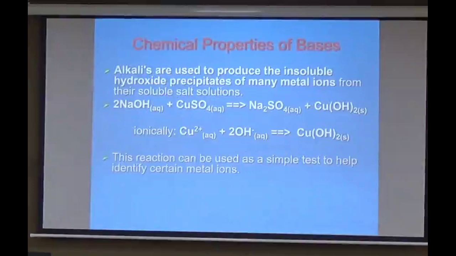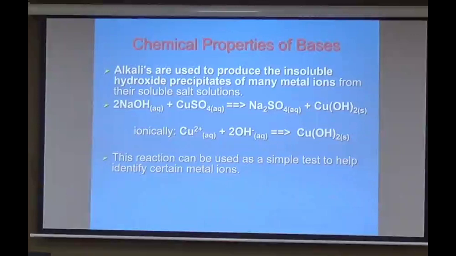Now, further chemical properties of bases. Alkalis are used to produce insoluble hydroxides, and since these hydroxides are insoluble, we call them precipitates. In the reaction shown here, sodium hydroxide reacts with copper sulfate, and it forms sodium sulfate and copper hydroxide.